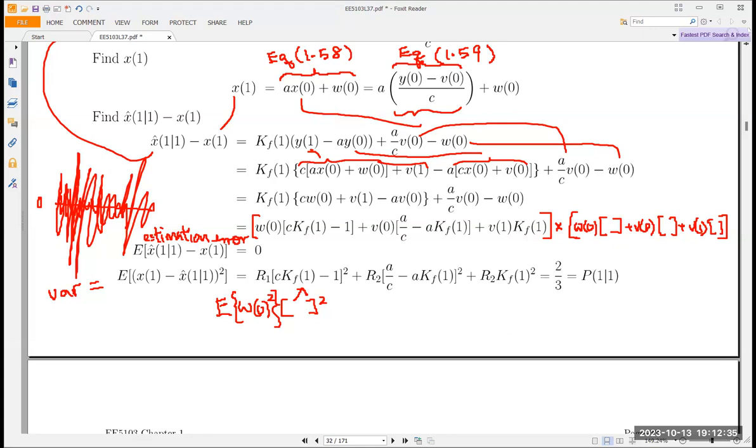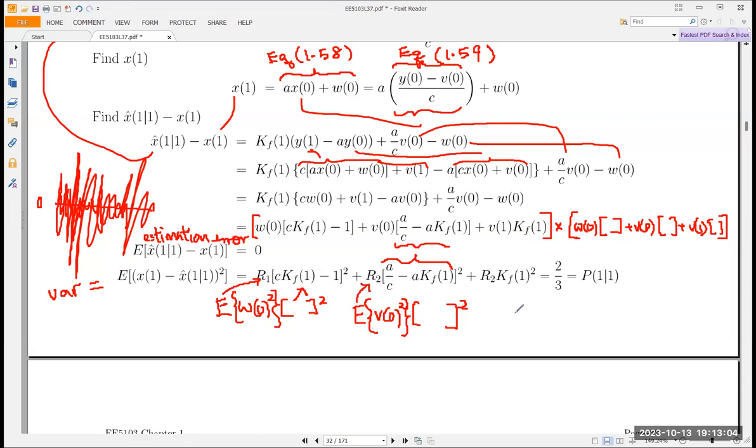So likewise, this one, you will get V naught, square, and then the bracket here. You have to square it, and then if you take the mean of this square, then by definition, this one gives you R1, this one gives you R2.